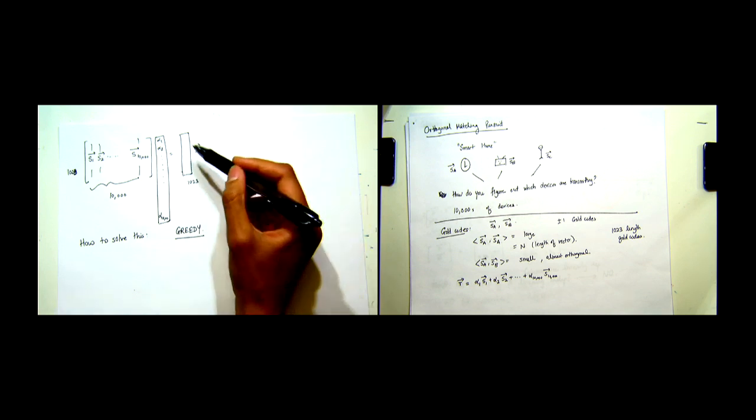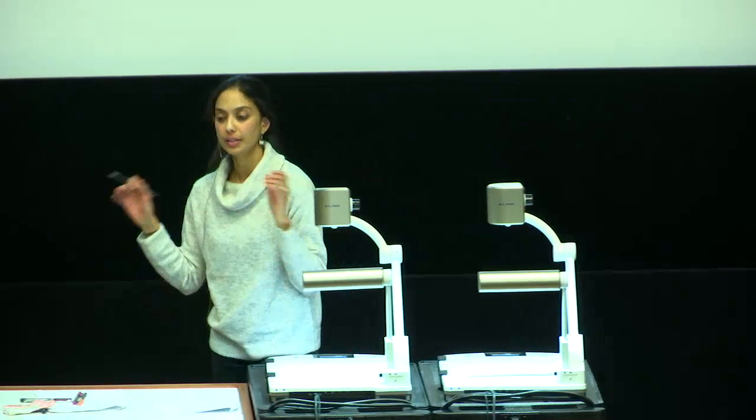Being greedy means we want to look at what we're receiving and say, well, what's the most important component here? How can I explain this received vector maximally? By trying to do this, I'm going to be able to one by one extract out my signal. So let's start playing with this a little bit.